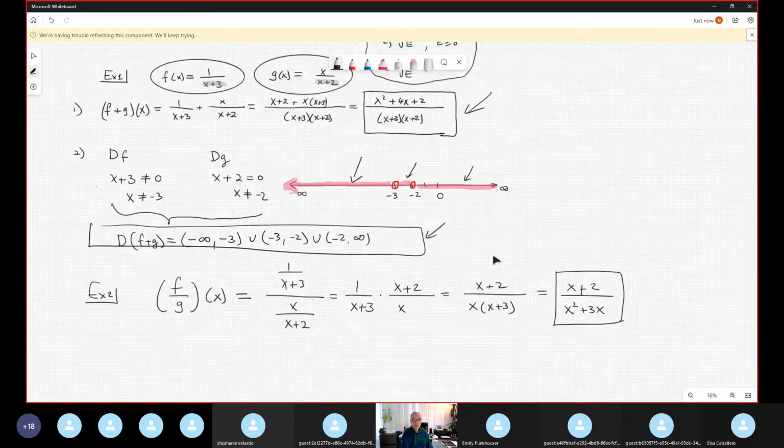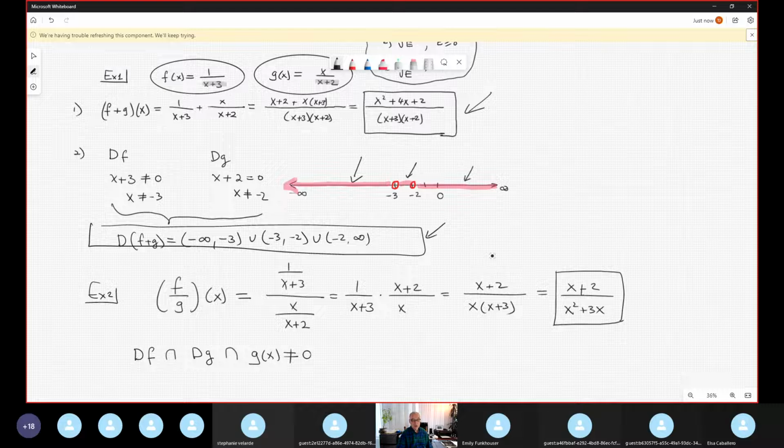And now the domain. Well, the domain is similar, except that you need to consider the zero. Remember, the domain of the division is the domain of f intersection the domain of g, and also where g of x is not 0.